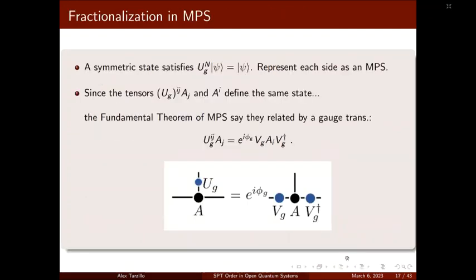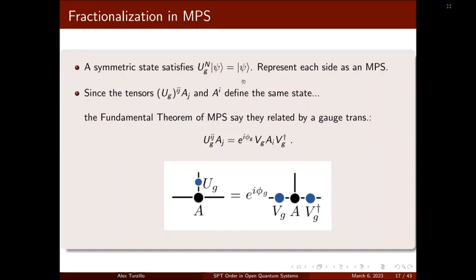It's useful to think about all of this in terms of tensor networks. In one dimension, since we're dealing with gapped ground states, we can efficiently approximate them with matrix product states. A symmetric state is one where you act on it with the symmetry and you get the same state back. Let's represent each side of that equation with a matrix product state.